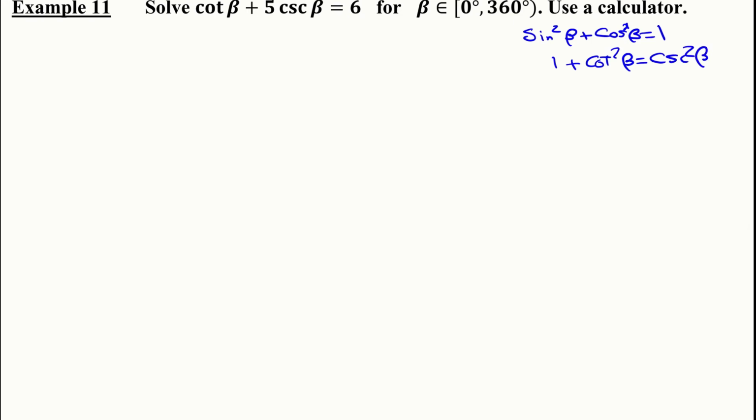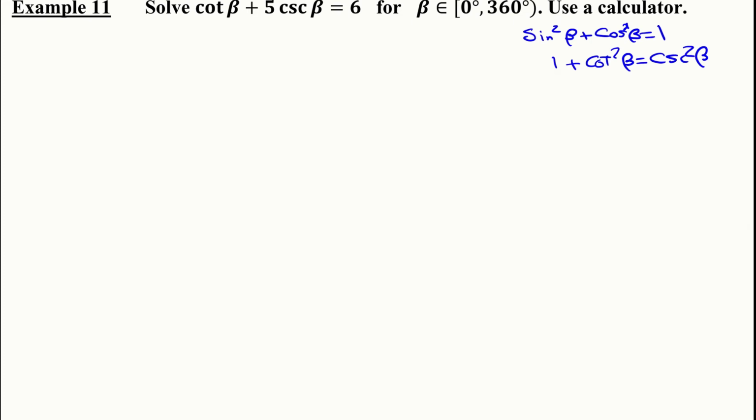So that's one of our main 3 Pythagorean identities we should know anyway, but if you forget it, you can always generate it very quickly in the way I just showed you. So if we square both sides as is, we're going to end up with a bit of a mess, because then we get a cotangent times cosecant.